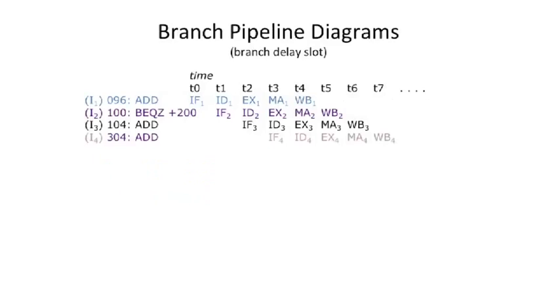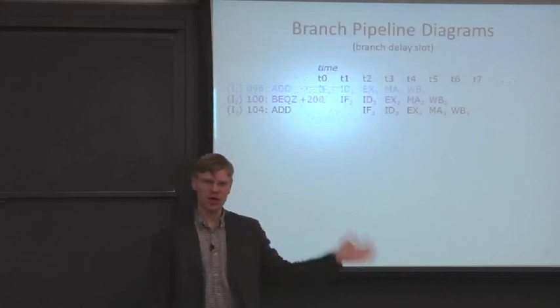So let's draw the pipeline diagram here of a branch delay slot. Our architecture has one branch delay slot. So we have the add flowing down the pipe, we have a branch flowing down the pipe, and now we're going to have this next add, and architecturally we've defined that it always executes whether the branch is taken or not taken.